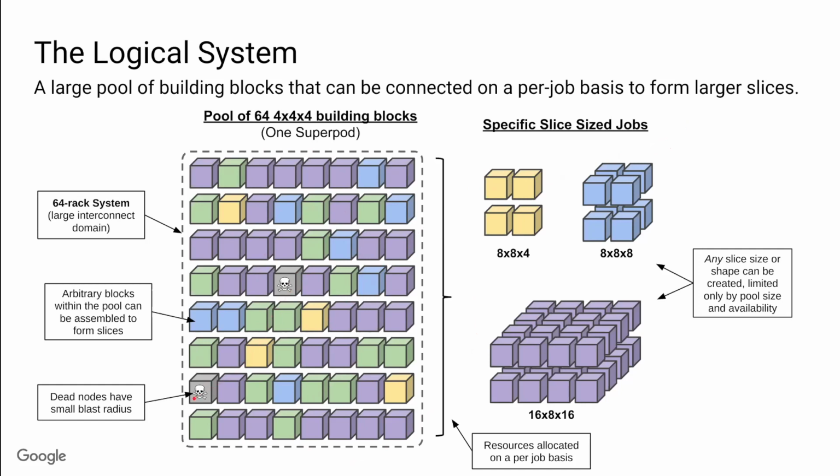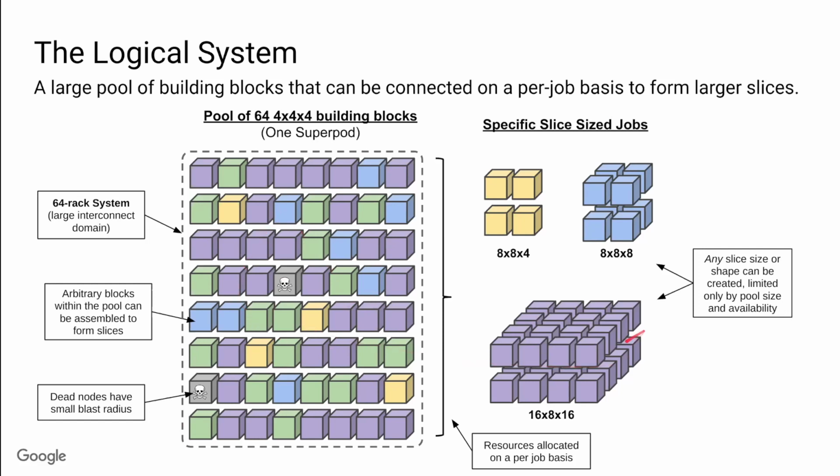The blast radius of one dead chip is one of these 4x4x4 cubes. We can ignore that and build the pool of whatever somebody wants without those 2 dead 4x4x4 cubes, and it'll be contiguous and completely connected.